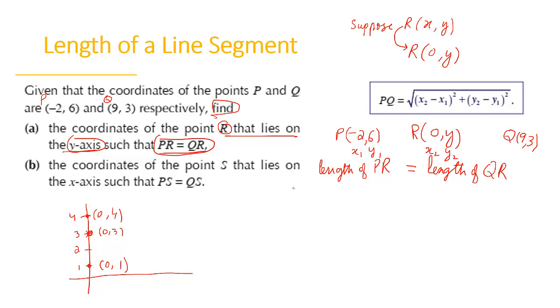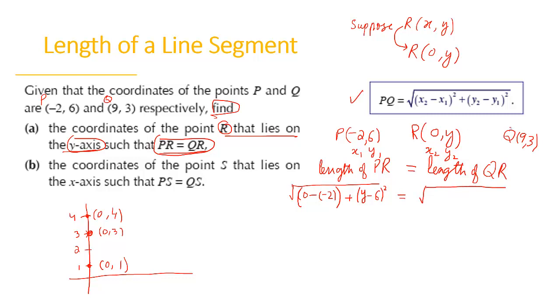Using the length formula, x2 minus x1, so x2 is 0, minus minus 2, whole square, plus y2, which is y, and y1 is 6, y minus 6, whole square, equal to the length of QR.